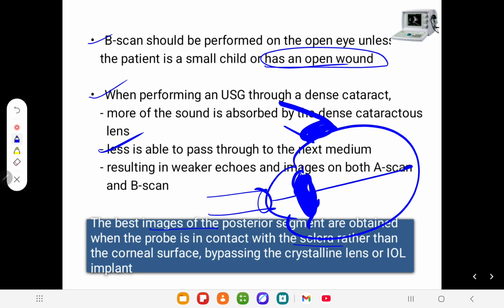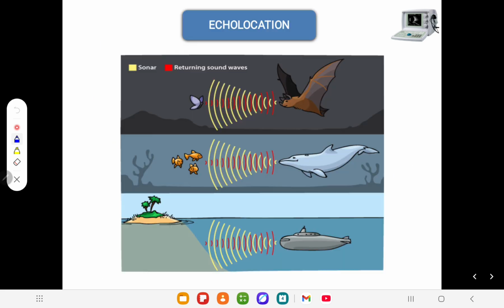So basically bypassing the crystalline lens, your sound moves from there and you will see the retina clearly. Sometimes it's tricky: you try to avoid the lens because it's cataractous and pass from another part like the sclera, bypassing the crystalline lens, which is very useful to understand.